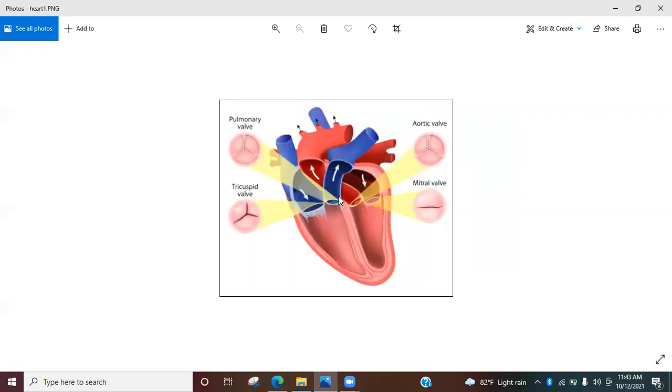Here in this picture, it shows these valves clearly. Tricuspid valve is located in between the right atrium and right ventricle. Mitral valve is located in between the left atrium and left ventricle.